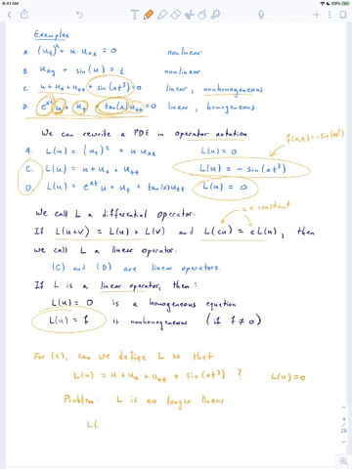Because if you look at L of u plus v, then you're not going to end up with L of u plus L of v, because you're going to end up with that term twice. So this is not going to be a linear operator anymore. So you can't talk about it being homogeneous or non-homogeneous.